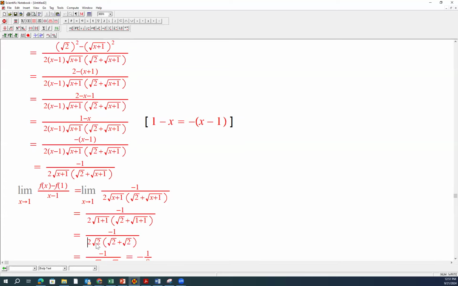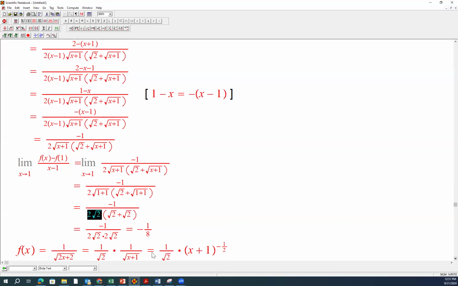So I got this 2 times root 2, and inside the parentheses, root 2 plus root 2. Root 2 plus root 2 is 2 times root 2. So 2 times 2 is 4. Root 2 times root 2 is 2. 2 times 4 is 8, so it's negative 1/8.